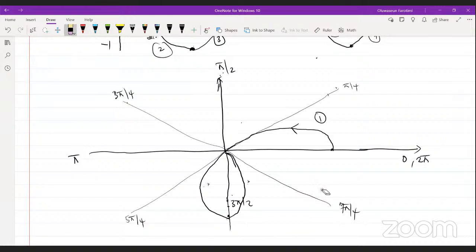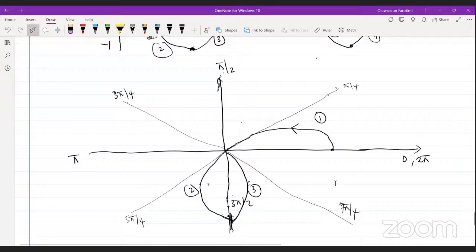Something like this. Oh, so let me label. This is my 2. This is my 3.